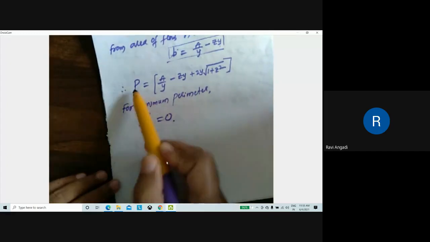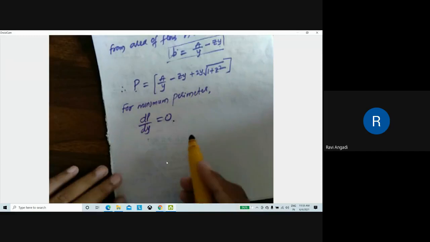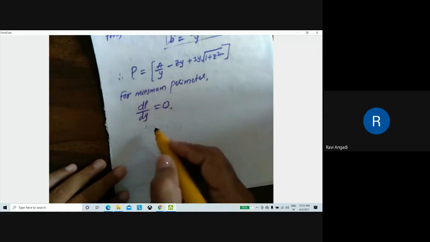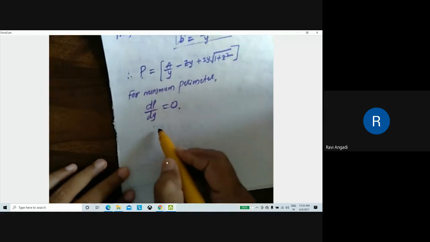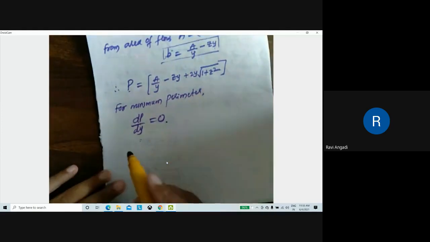If I differentiate the above equation, can anyone tell what answer you get? Just tell me, after differentiation, if dp by dy is equal to 0, what equation will we get? What is the differentiation of a by y? Differentiate this equation. Is it minus a by y square?